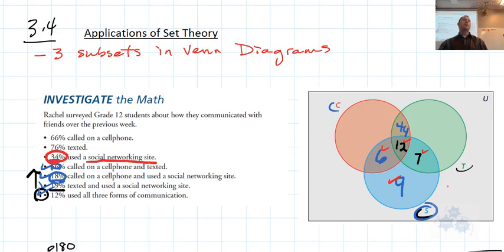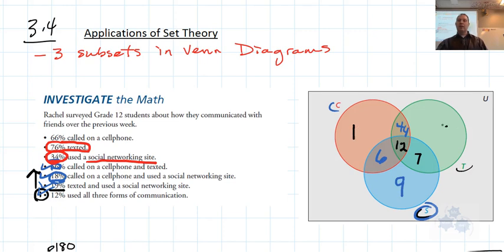Okay. Now 76% texted. Among other things, but 76% have to be in this circle here. So we do the same sort of thing, and I'm going to get rid of some of these check marks here for now. 44 plus 12 is 56, plus 6 is 62. So 62 up to 76, how many more do we need?